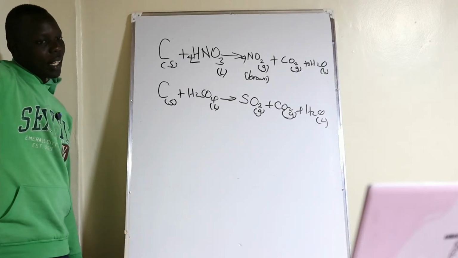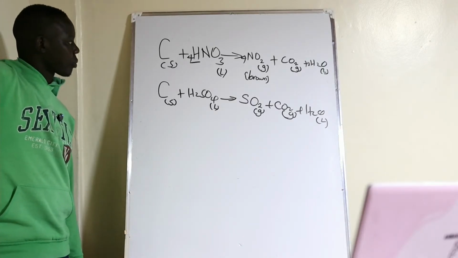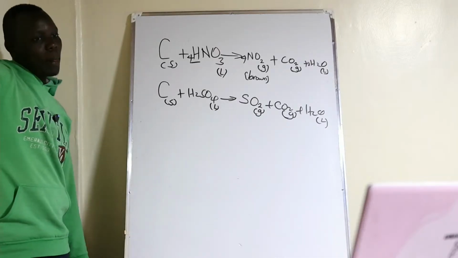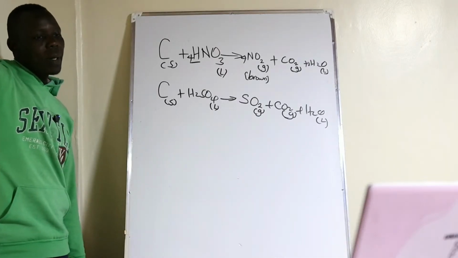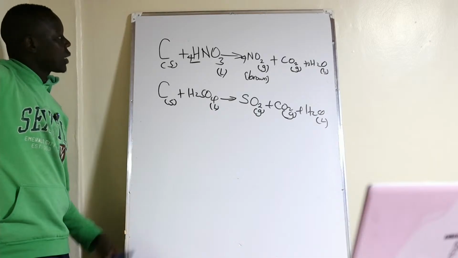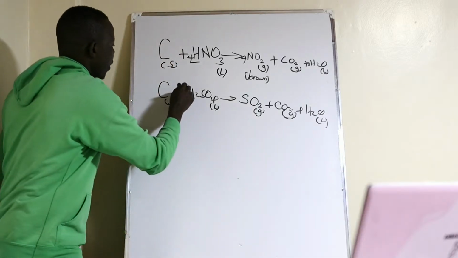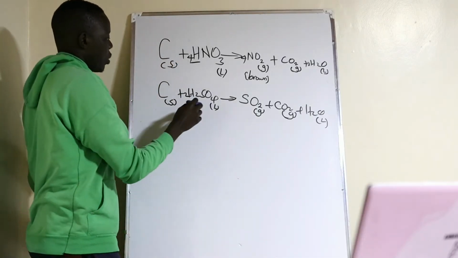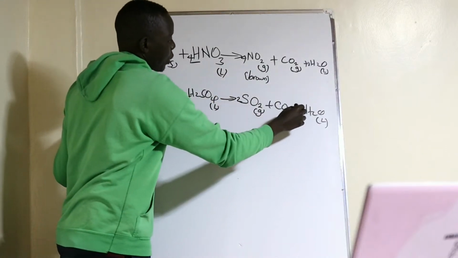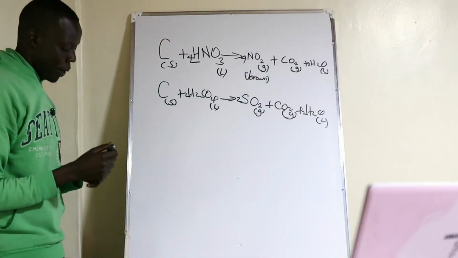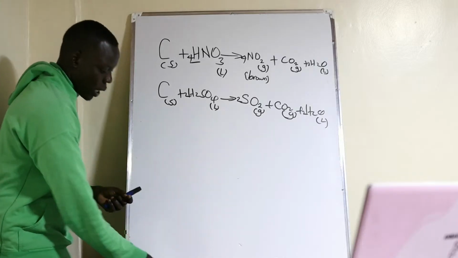Now we are there. Can you balance that equation? This one? What do you place where? Just like the third one, you can place 2 here, place 2 here, then place 2 at that point. Hebu angalia kama imebalance. Kama bado uniambie unataka tuweke nini wapi.